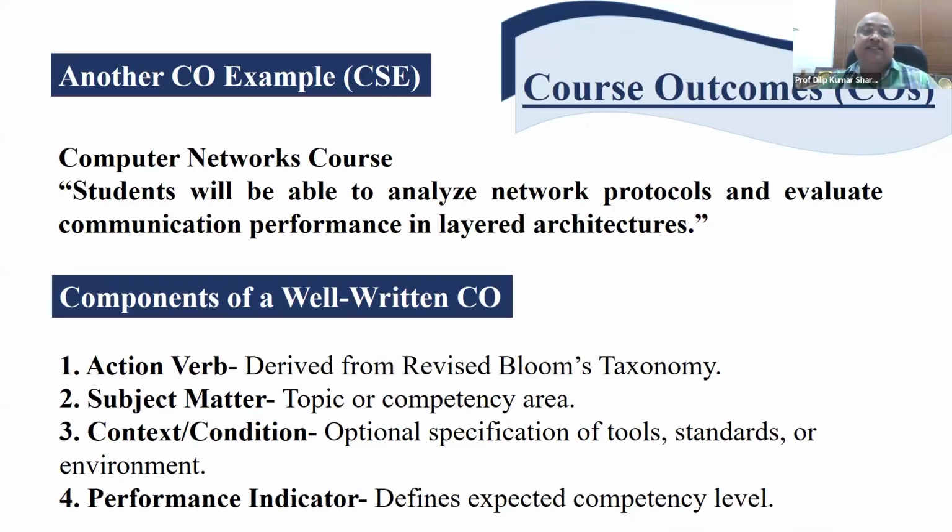Another example of a course outcome, for a computer network course: the student will be able to analyze network protocols and evaluate communication performance in layered architecture. There is the action verb, which I will discuss after some time with Bloom's taxonomy, maybe today or tomorrow. Then subject matter, topic or competency area, context or condition, and performance indicator.